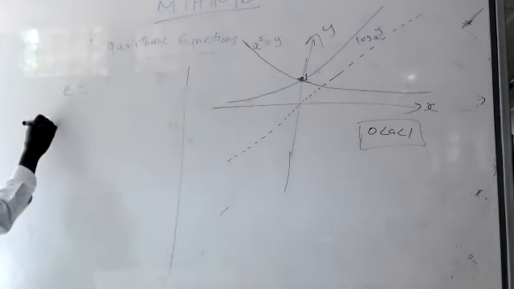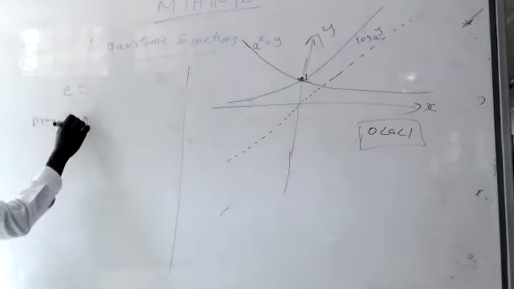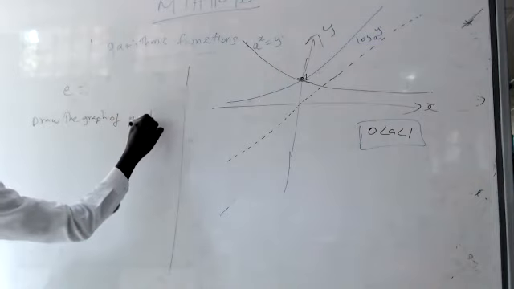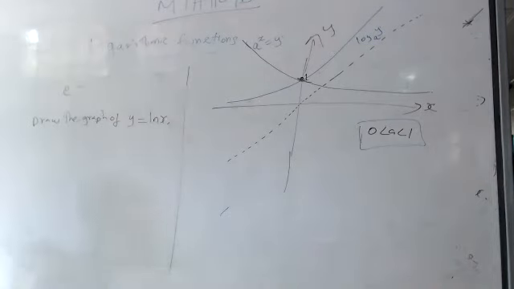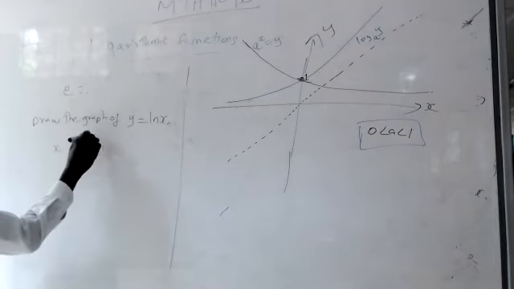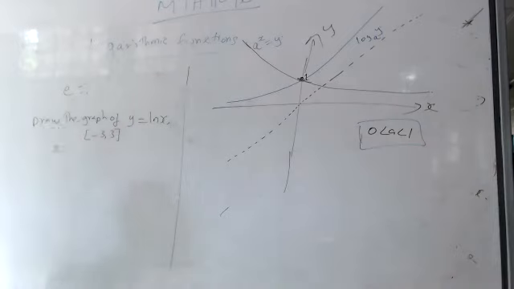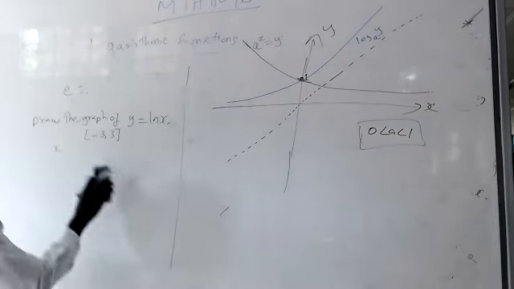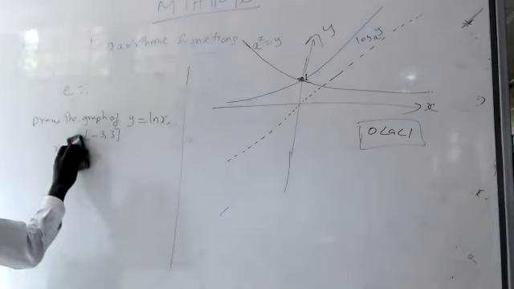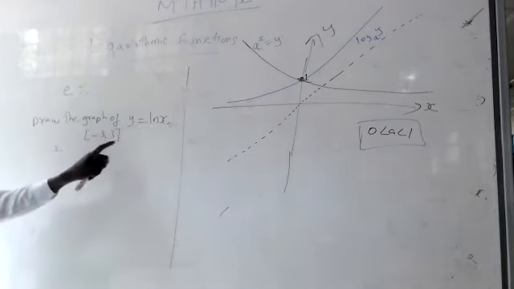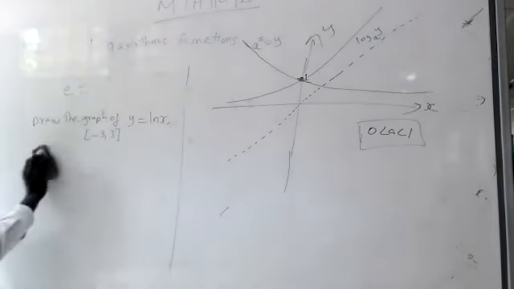So draw the graph of y is the natural log of x. Start by x. I'm giving you the interval -3 to 3. Of course, the natural logarithm will not be defined for negative values, so only take the positive values.